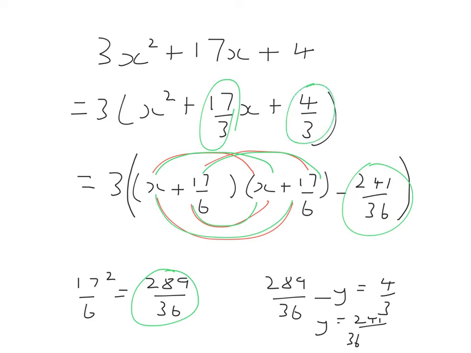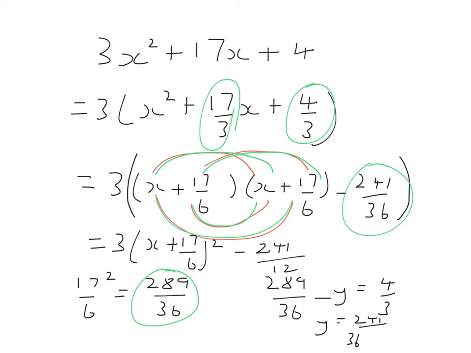So to summarise now, what we've got is 3 lots of x plus 17/6 squared minus 241 over 12.